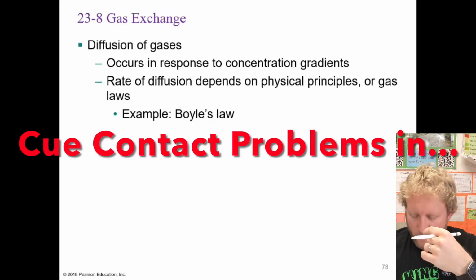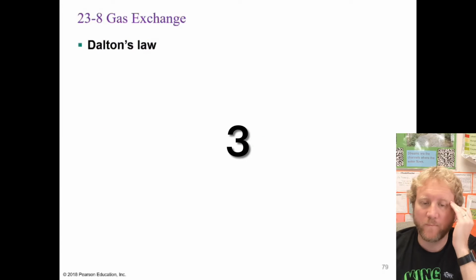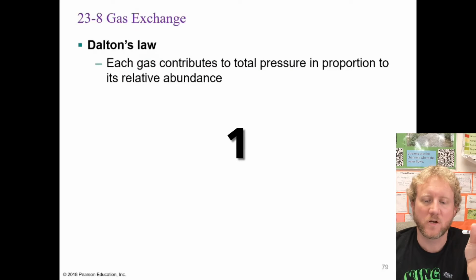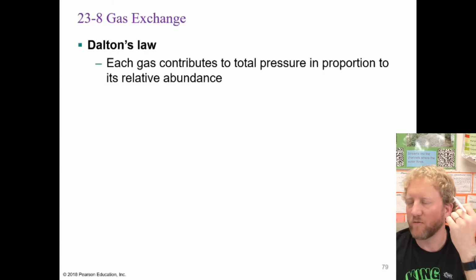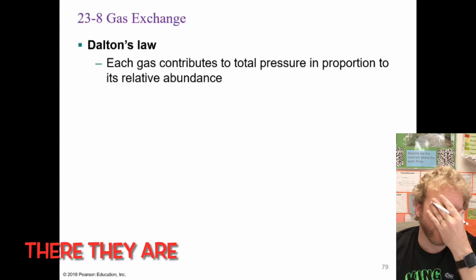Okay. Now another one that we're going to be looking at is Dalton's law. It basically says within a mixture of gases, each gas is going to contribute to the total pressure in response to its relative abundance. This is also known as Dalton's law of partial pressures. So air is a mixture of several gases.